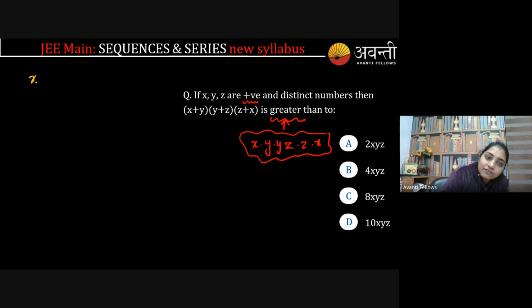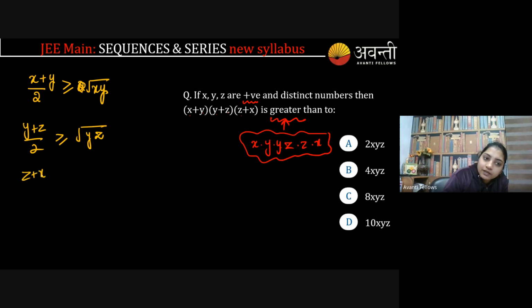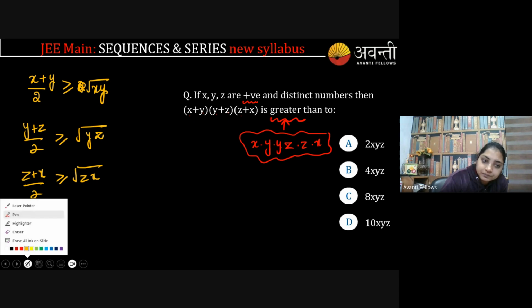It means if X and Y are two numbers, then the arithmetic mean between the two numbers is greater than or equal to their geometric mean, under root XY. In the same way, Y plus Z by 2 must be greater than or equal to under root YZ. In the same way, Z plus X by 2 is greater than or equal to under root ZX. Is it clear to everyone?